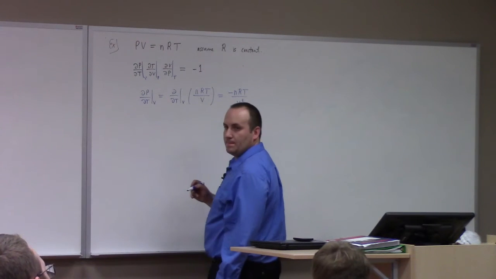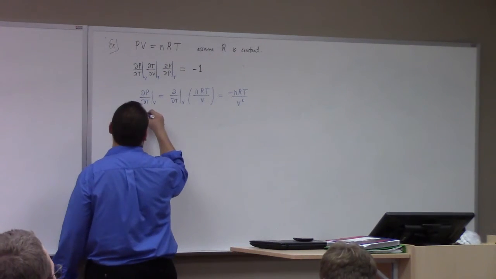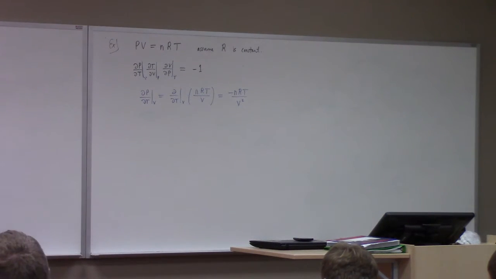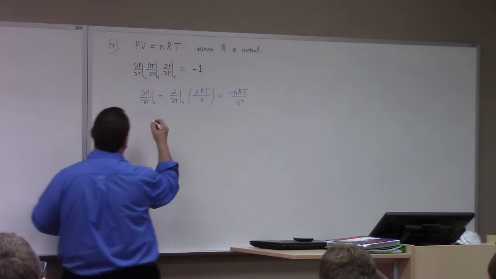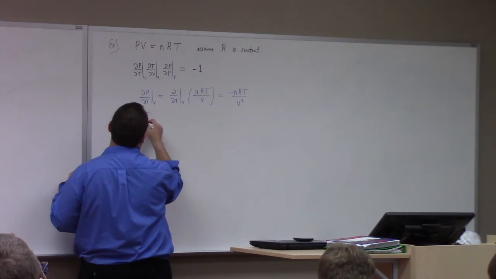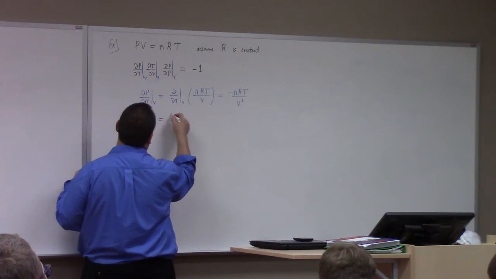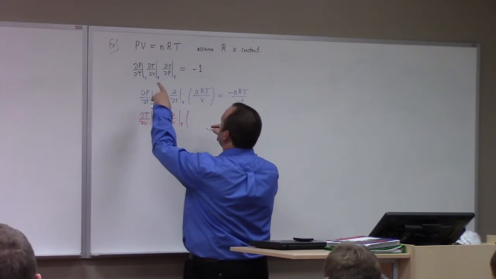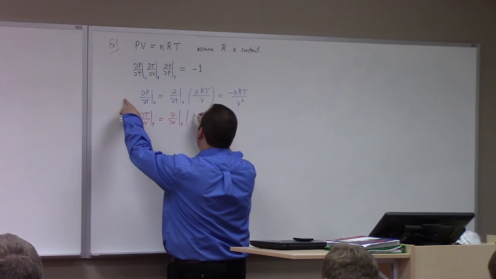What's partial t, partial v, holding p fixed? You can solve it, right? What's t equal to? PV divided by nR, right?